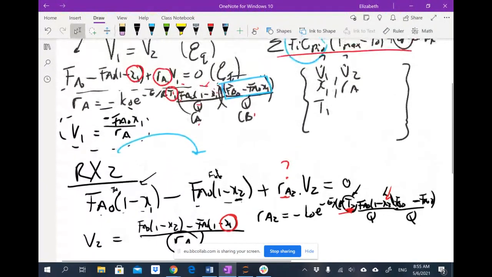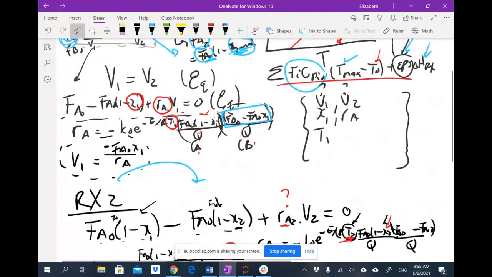Let's go back to our unknowns list and the equations we have. So the rate, I've got an equation there. Let me just clear up. So I am going to want to solve for these variables, because the rate in reactor 1 is defined as soon as I have an x1 and a temperature 1. So I need 4 independent equations to solve for these 4 variables.